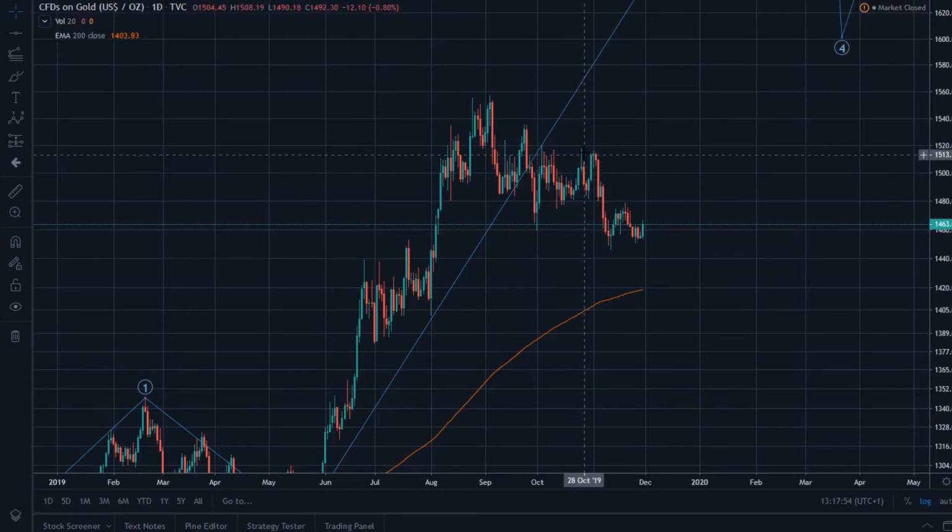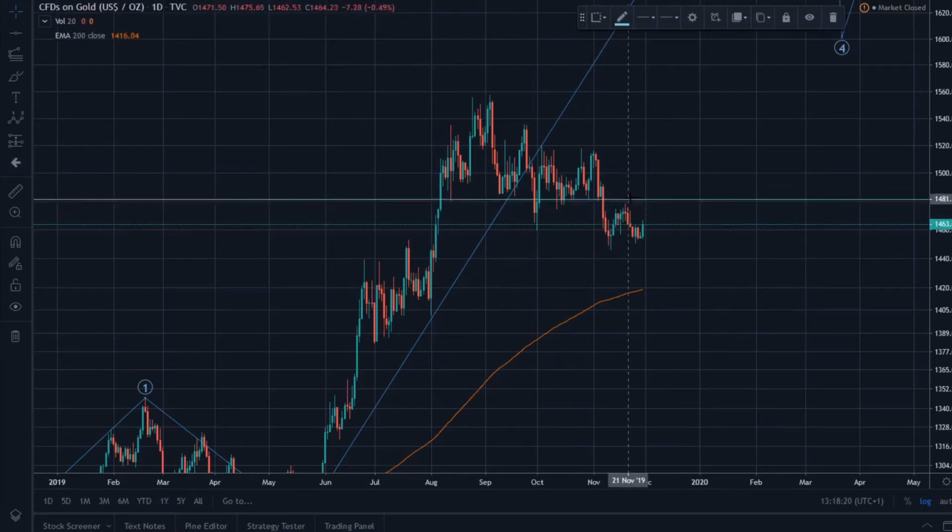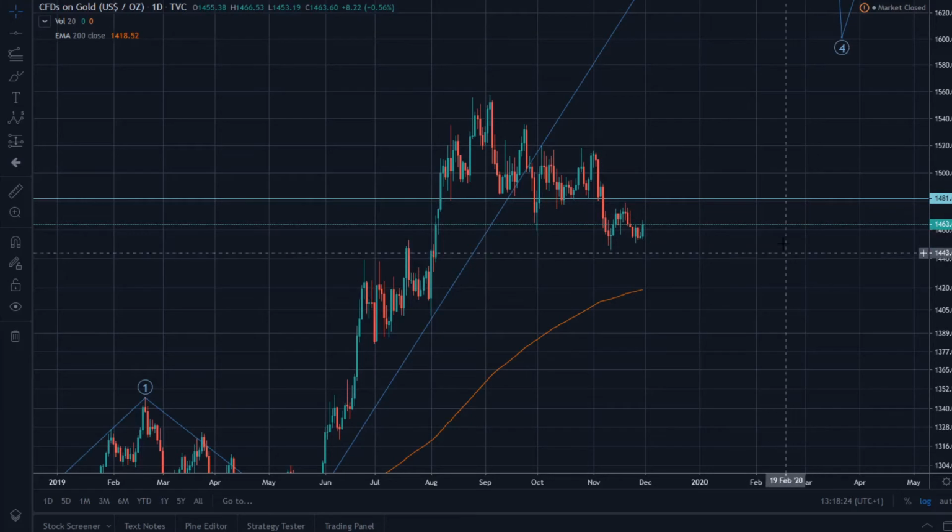This was the more recent swing high, went down, up, and a long way down, which in my eyes looks like a downwards pointing wave number 3. And this A, B, and maybe a C correctional pattern that goes a little bit more up, but it should not go above this line at 1,481.